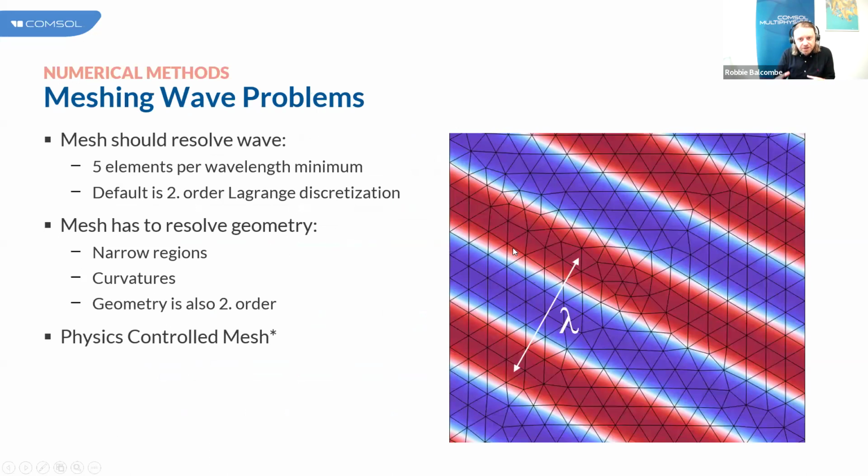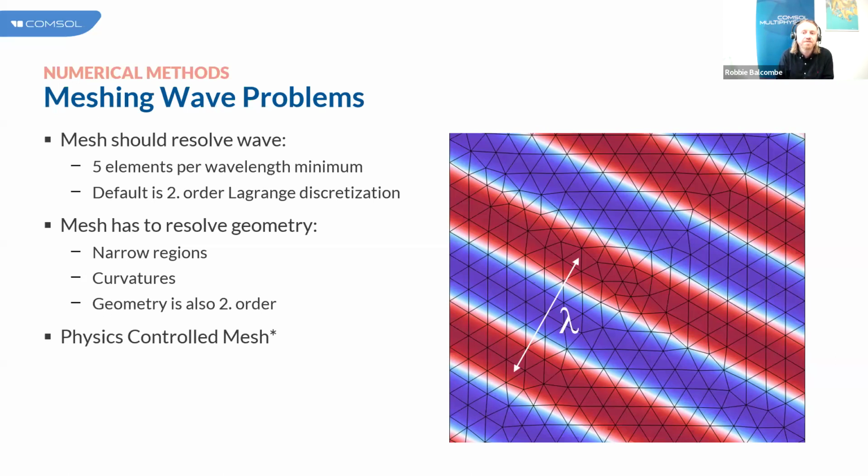Now, as we increase the frequency, we will tend to decrease the wavelength, which means that our mesh elements will get smaller, and then we will need more mesh elements to tessellate our geometry. So as we increase frequency, we reduce the element size, we increase the number of mesh elements, we therefore also increase the computational cost of computing our solution, because the cost associated with our simulation will depend on the number of elements that we have in our mesh.